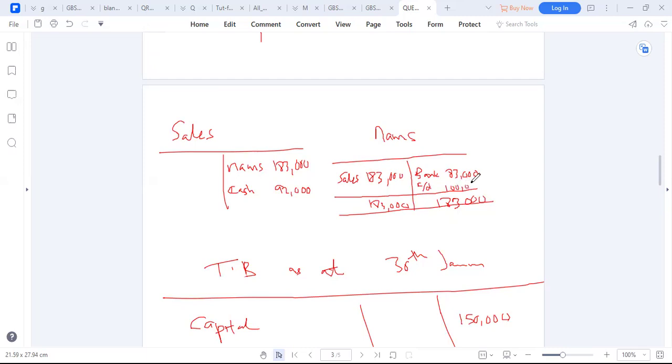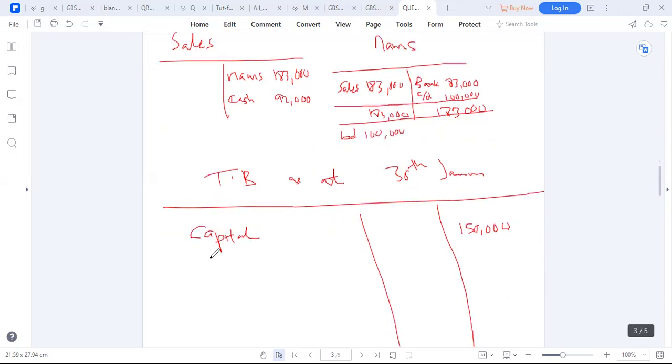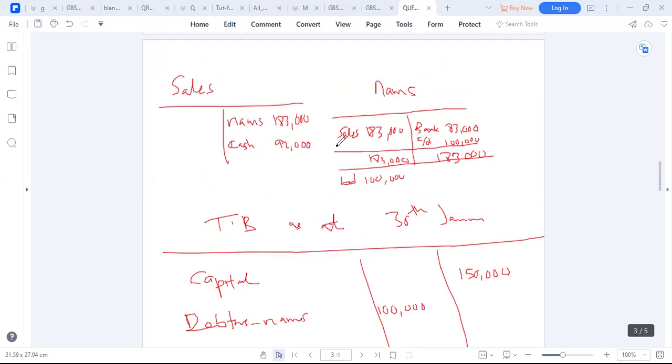This 100 goes to the other side: balance brought down, 100,000. So these are debtors, or trade receivables if you want. It's the same thing. Debtors, 100,000. Control account, sometimes we just open one book for creditors or debtors.